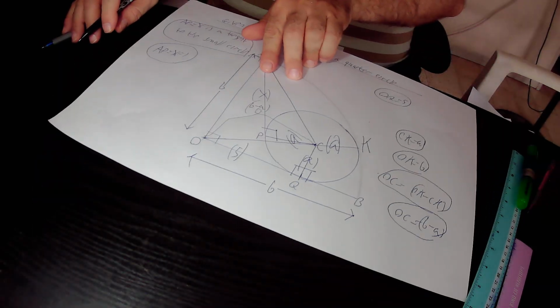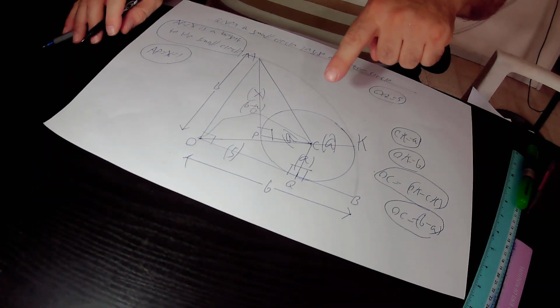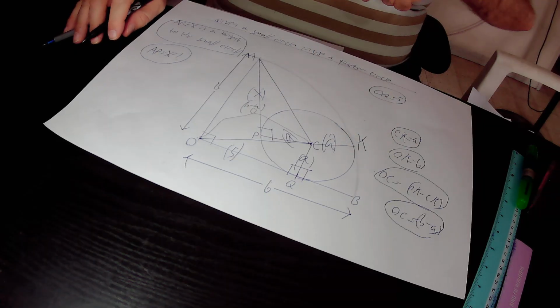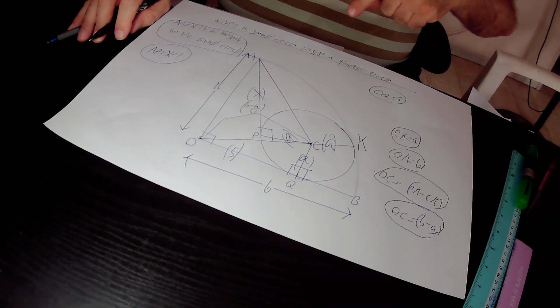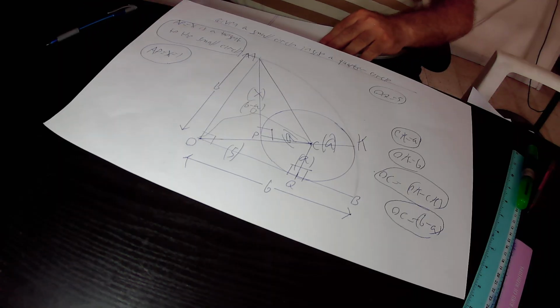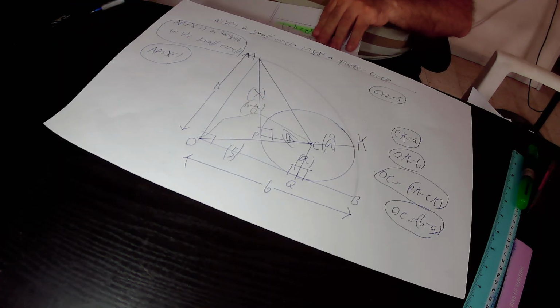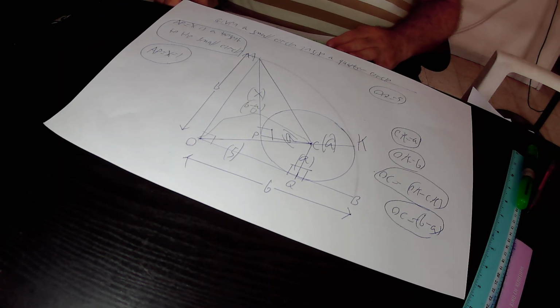In the next step, I'll copy the right triangle OCQ in a new page and we'll implement the Pythagoras theorem on this right triangle OCQ. Here PT is the abbreviation for Pythagoras theorem.